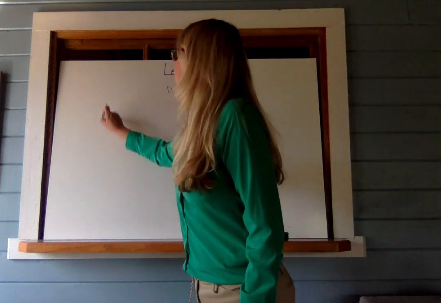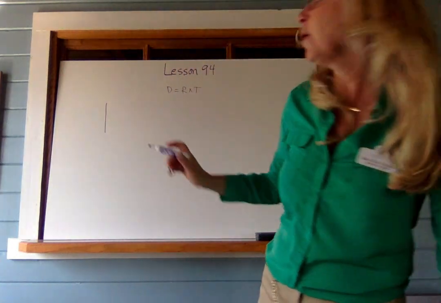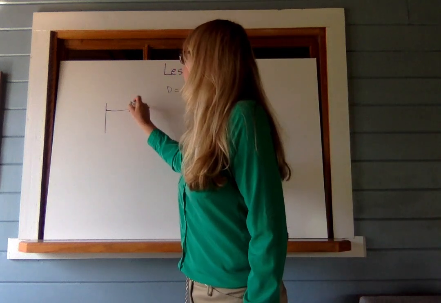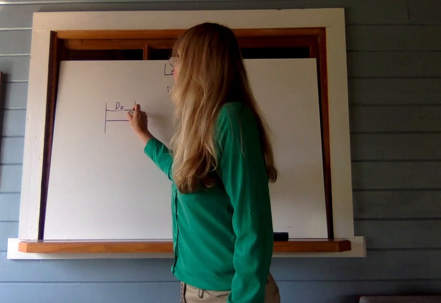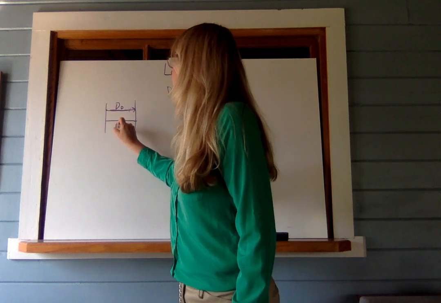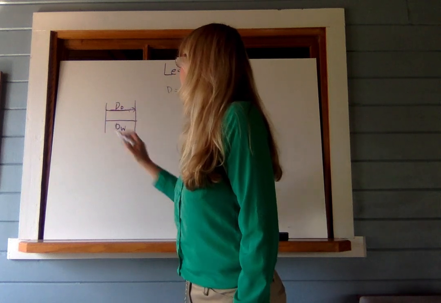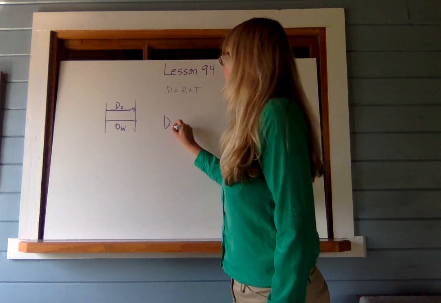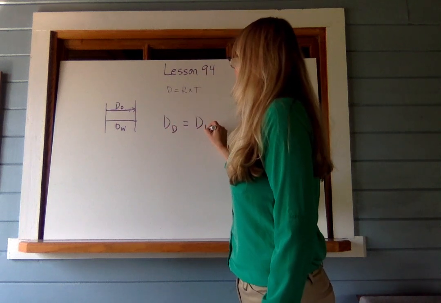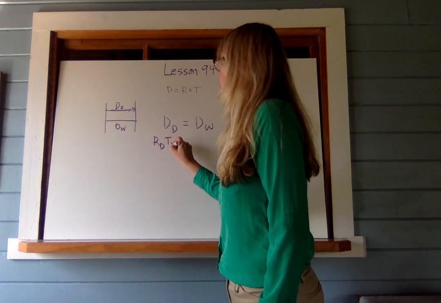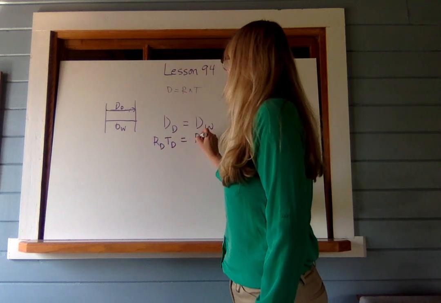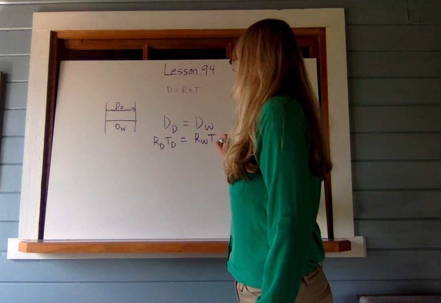Again, she drove one way, distance drove, and then she walked back the other way, distance walked. So we know distance drove equals distance walked. RD TD equals RW TW.